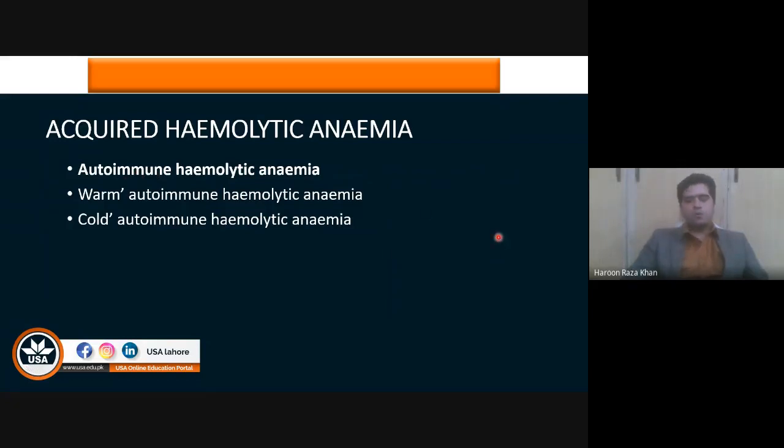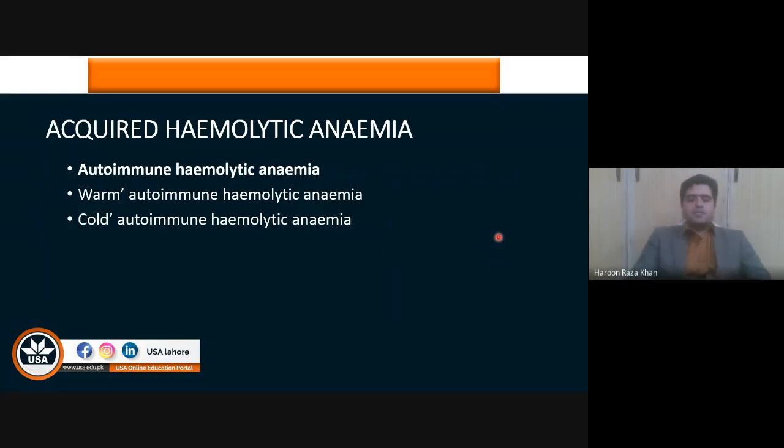About autoimmune hemolytic anemia, this acquired hemolytic anemia is due to immunological destruction of red blood cells mediated by autoantibodies directed against antigens on the patient's red blood cells. So the red blood cells have certain antigens on them. Immune cells, for some reason, directly involve or affect those antigens, resulting in damage or destruction of the red blood cells.